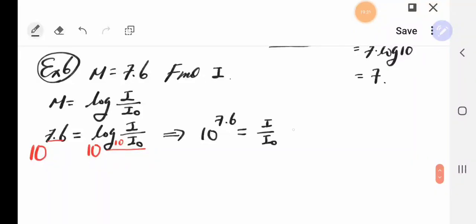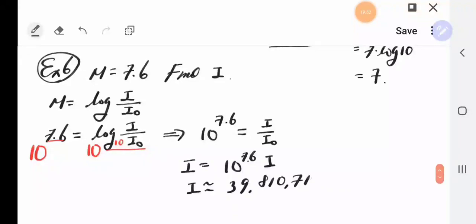Okay, so from here we can find I. I is equal to, multiply I0 on each side, so 10 to the 7.6 times I0. And 10 to the 7.6 is approximately equal to, using a calculator, it will show you something like 39,810,717. So this many times of the I0, the initial intensity.